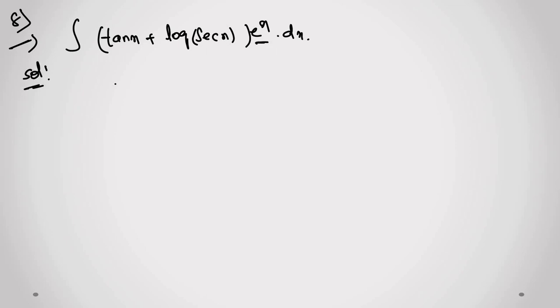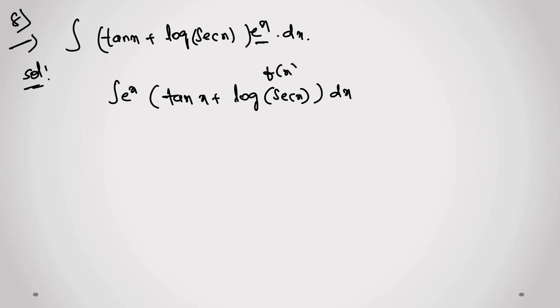So e power of x is there already, e power of x into tan x plus log of secant x dx. We will think that if this is f of x, then f dash of x will come here.